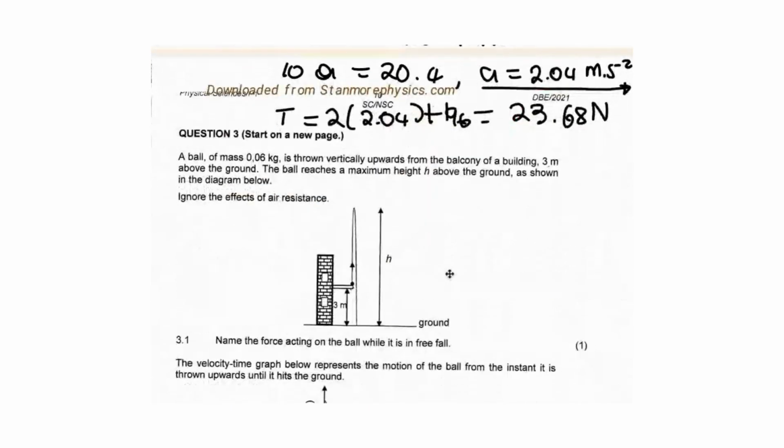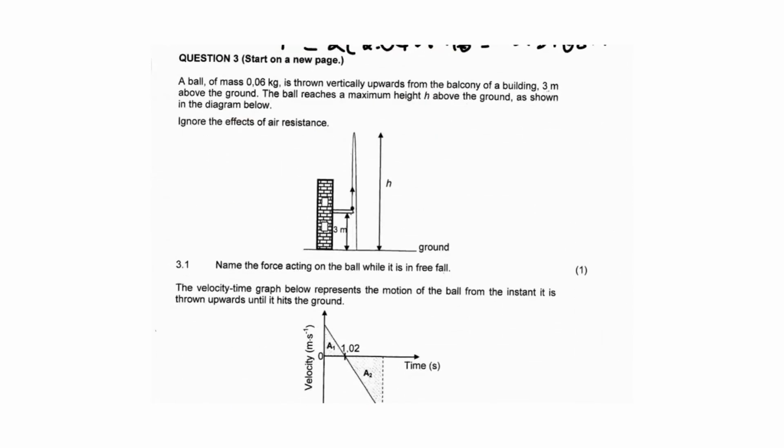Now we can quickly go to question 3. We have a ball of mass 0.06 kg thrown vertically upward from a balcony 3 meters above the ground. The ball reaches a maximum height h above the ground as shown in the diagram below. Ignore the effects of air resistance.